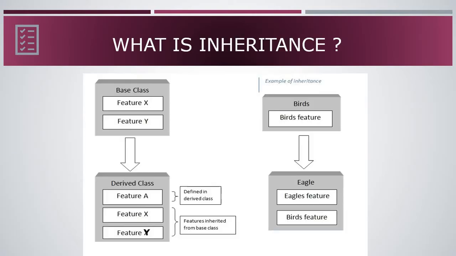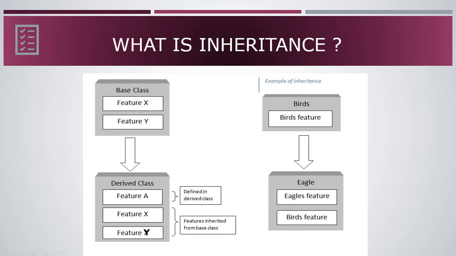You can understand this through one more example. See here, the base class has feature x and feature y. In the derived class, these are the things inherited from the base class, and this is the new feature we have just included in the derived class. For example, let's take the bird.